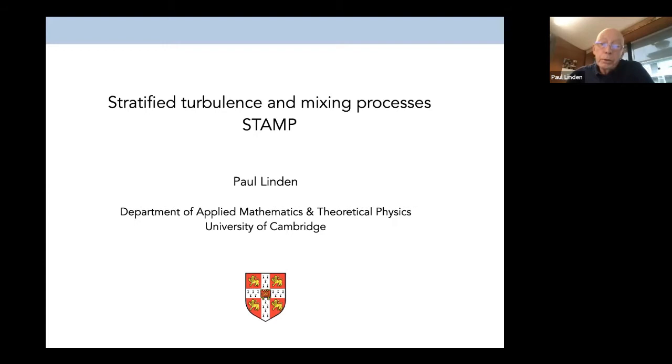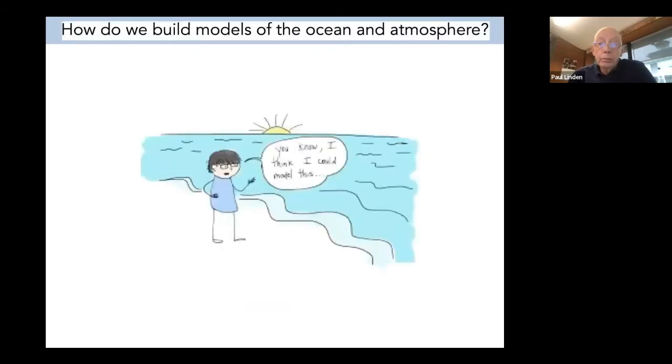I'm going to focus very much on oceanographic applications just as a context, but of course stratified turbulence occurs in many situations, not just in the ocean, but also in the atmosphere, and of course in many other contexts, in particular in industrial processes, but I'm not really going to talk about those per se. I want to focus on the oceanographic issues. And one of the reasons, of course, is that there's a lot of importance in modeling and understanding the ocean and atmosphere in terms of climate.